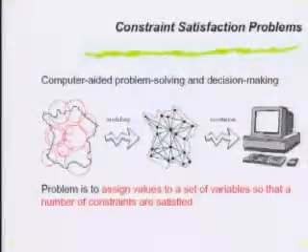CSP is a form of what I would call broadly computer-aided decision-making and problem solving. You model a real-life problem into some formal mathematical form, and you use a computer to find solutions or optimal solutions.